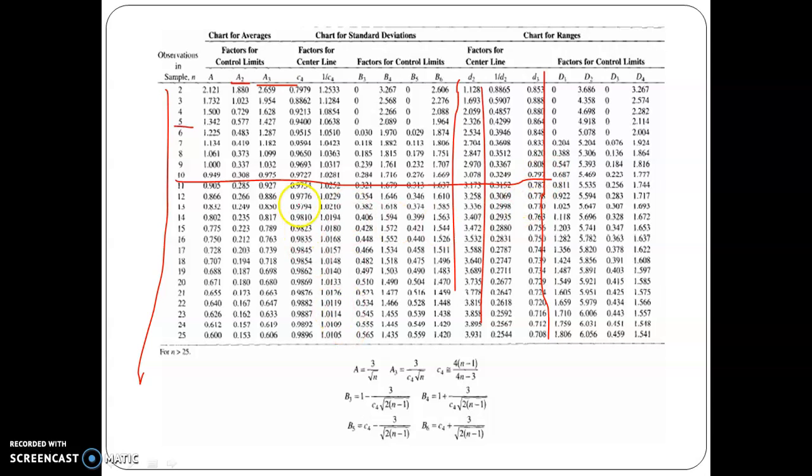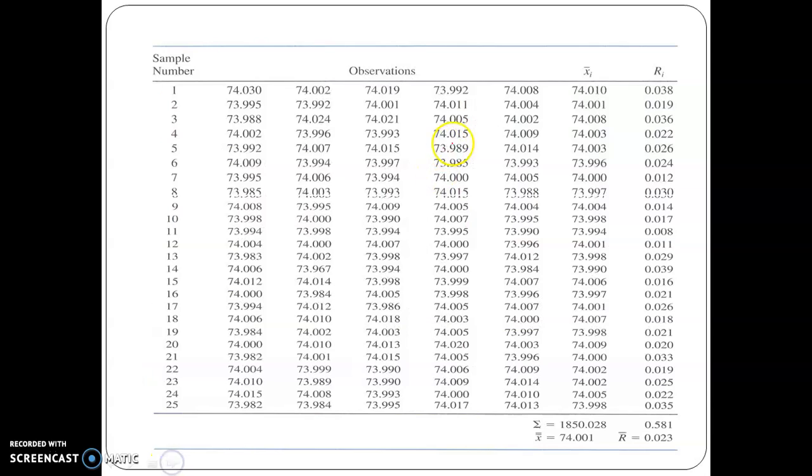Right? So in the previous video, we solved this question using the first formula. We had 25 samples and each sample had 5 rings whose internal diameter was given. Using the first formula, we calculated the values for the X bar chart and R chart. You can use the alternative formula also and calculate the values for the X bar chart and R chart.